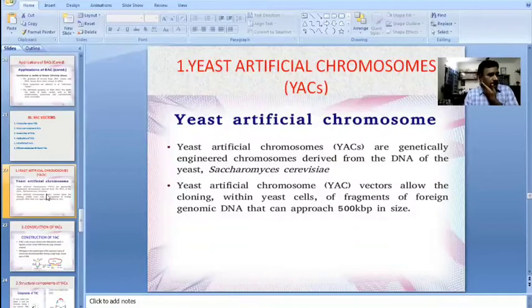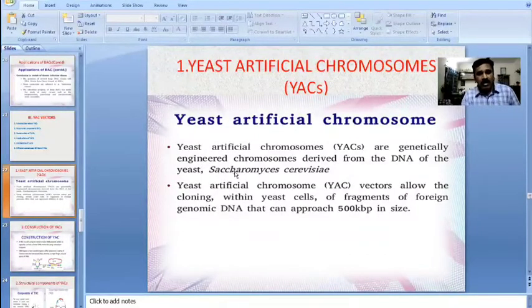Just like BAC vectors, these are YAC vectors, that means yeast artificial chromosomes. YACs are genetically engineered chromosomes derived from the DNA of yeast. You know about yeast, no? Here, the type of yeast to be used is Saccharomyces cerevisiae.